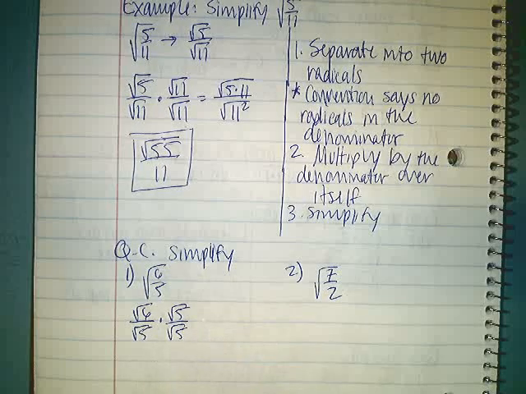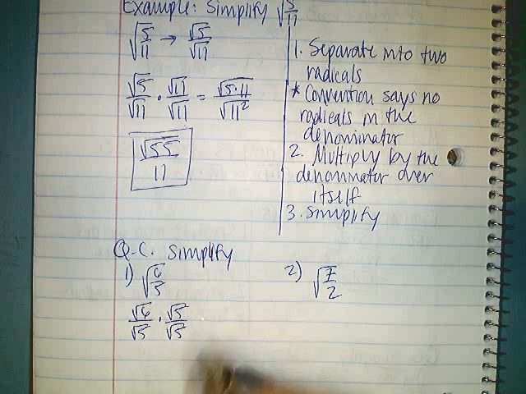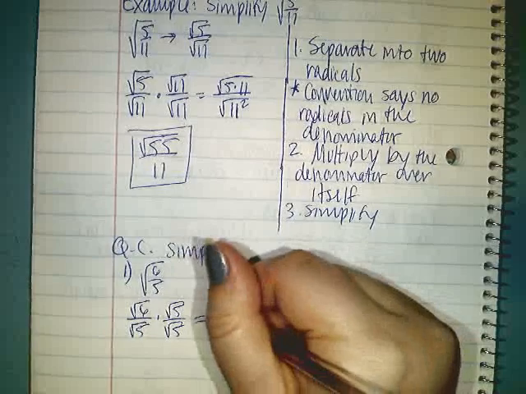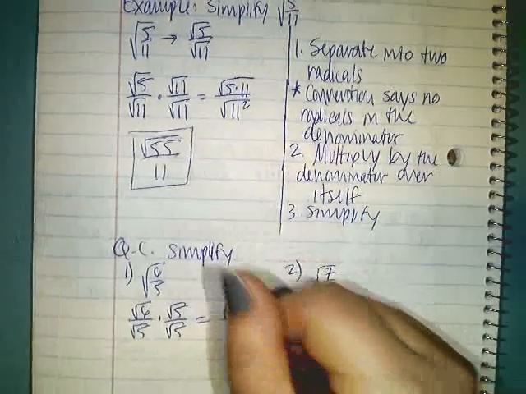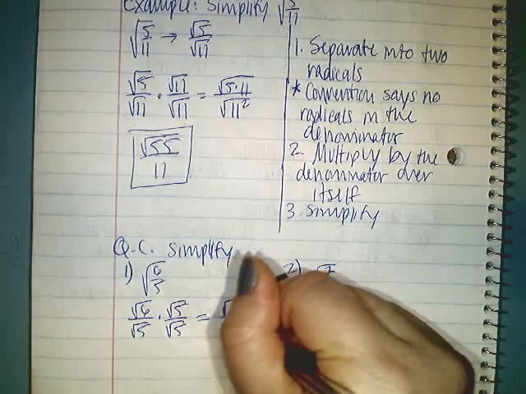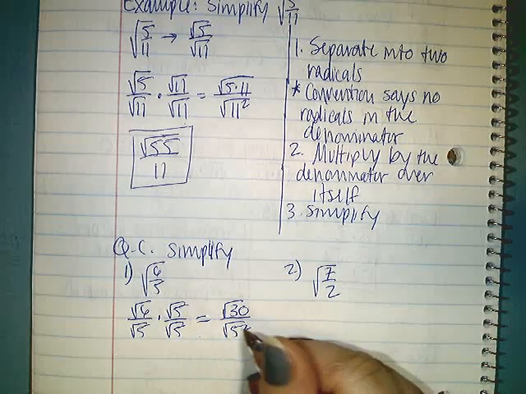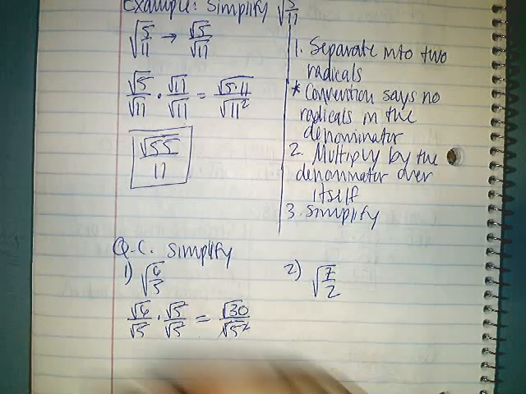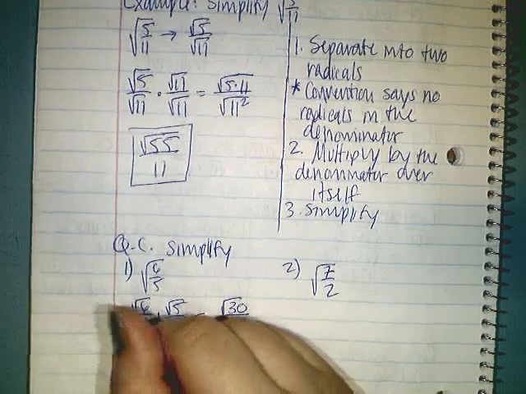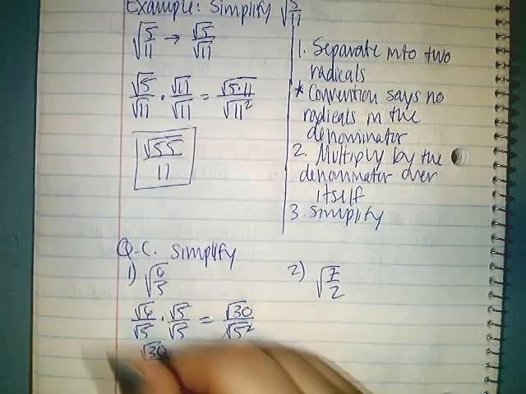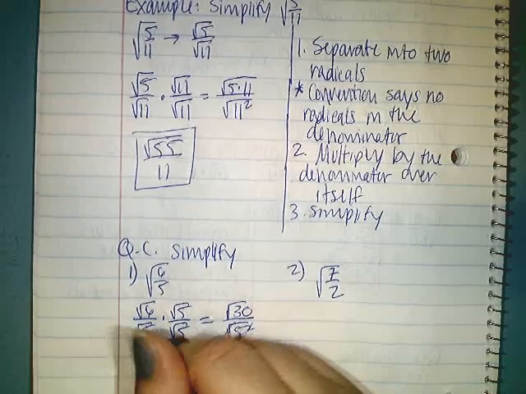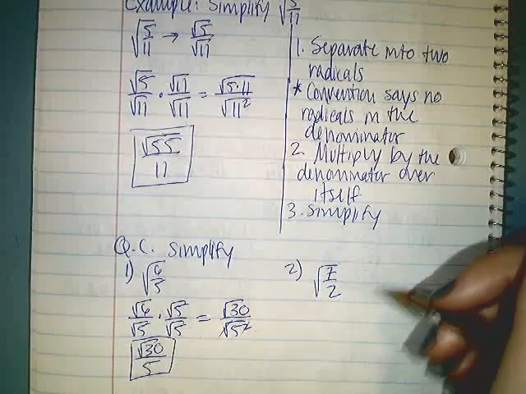So I multiply it by the radical in the denominator over itself. This becomes the square root of 30 over the square root of 5 squared, or 5 times 5. The square root and the square cancel each other, and I'm left with the square root of 30 over 5. And that is my final answer.